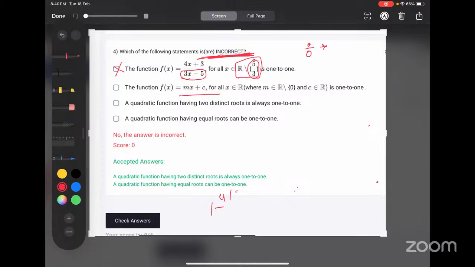It's 3 by 0. Yeah, this is some finite number by 0. So 4 into 5 by 3 plus 3, this is a finite number by 0, right? So that means at the point 5 by 3, our function is not defined.